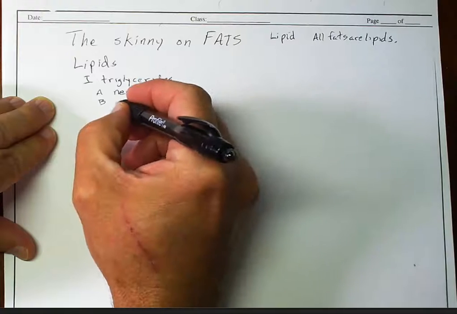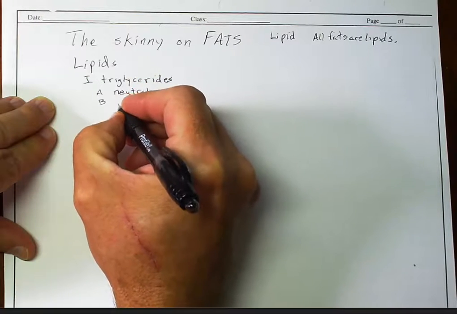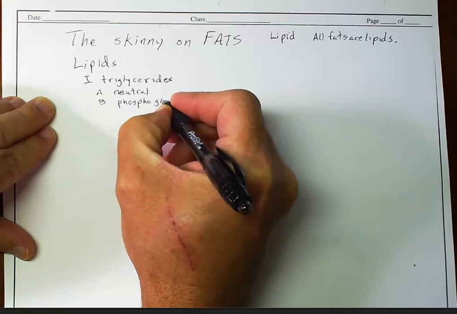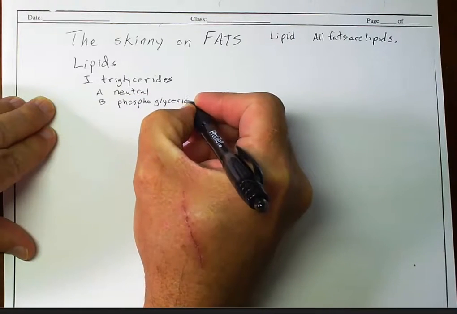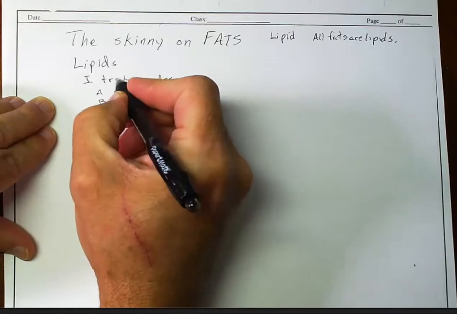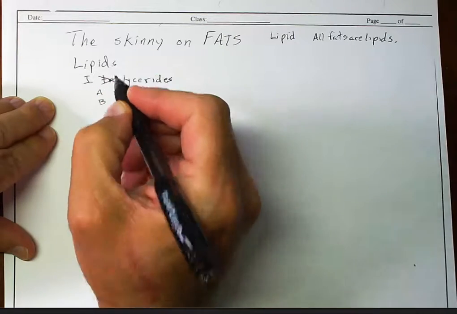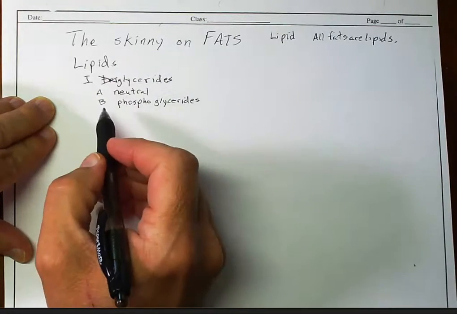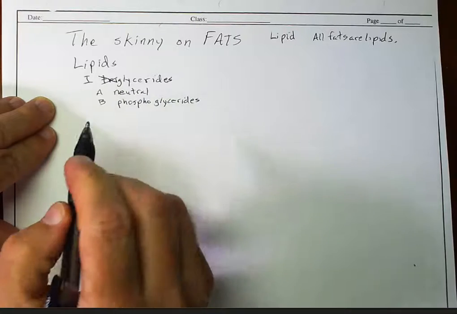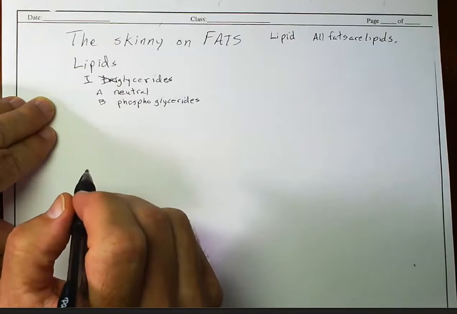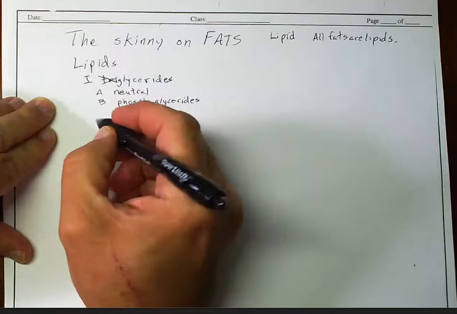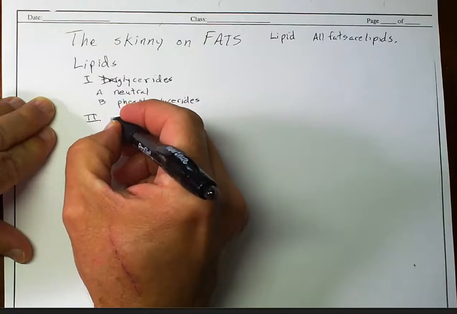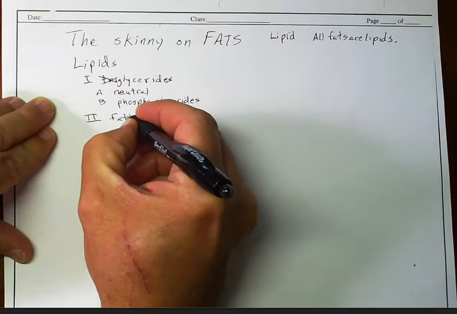In fact, what I'm about to put here isn't really a triglyceride at all. And those are phosphoglycerides. So I'm going to change course, and I'm going to take the tri off of that for now. We're just going to say that it's glycerides. One type of glyceride, one of the neutral glycerides, is a triglyceride, but we'll come back to that a little bit later.